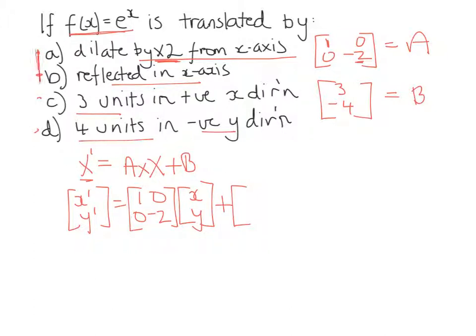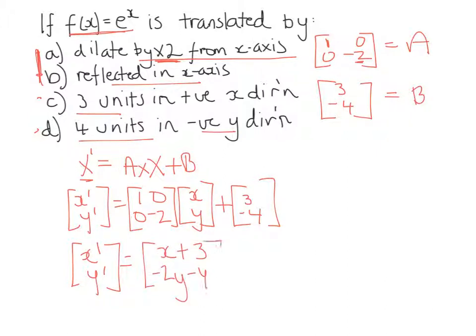Since these ones come first, we'll multiply them first and then add them second, because that's the order that we'll do them. So if we work out this matrix algebra, we'll have x plus 3 and minus 2y minus 4.